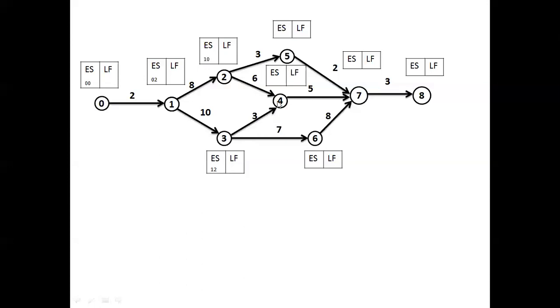Here you just concentrate over here, because the event 4 has two incoming activities, 2 to 4 and 3 to 4.